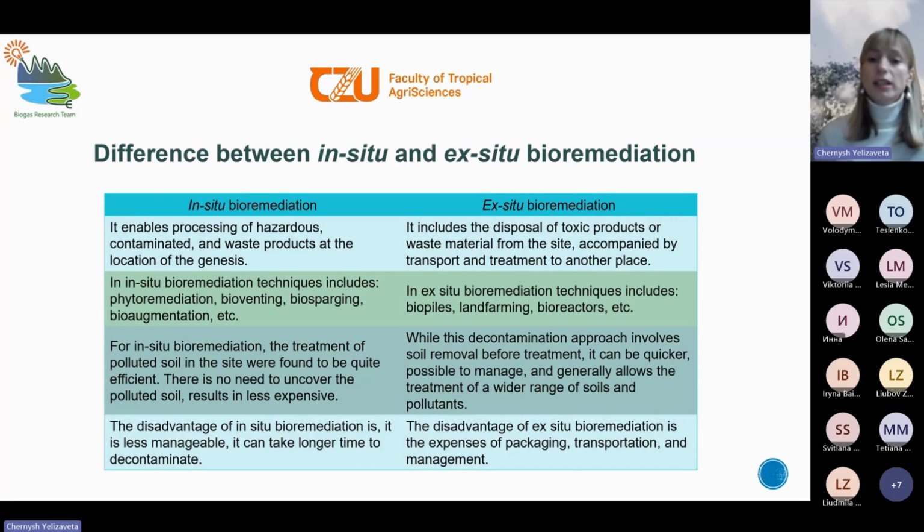Mostly, bioremediation techniques can be used in bioreactors. It depends on the volume of this contaminated soil and how we can process it in location, in logistics, infrastructures, for this type of bioremediation method.